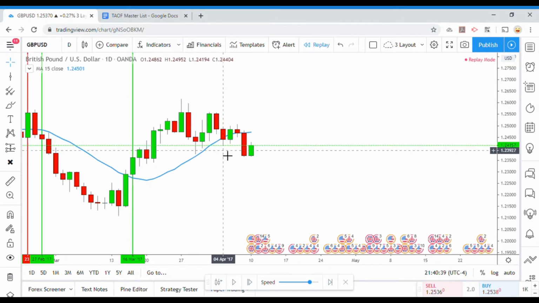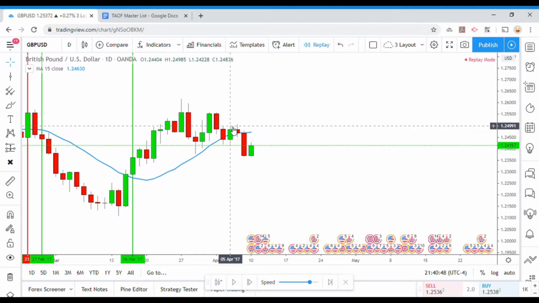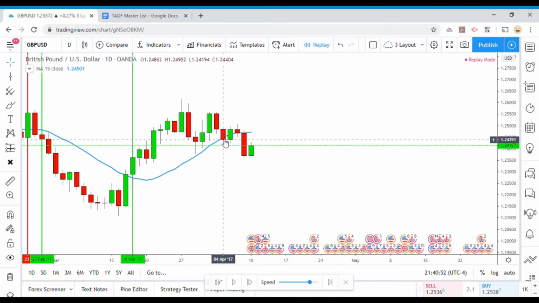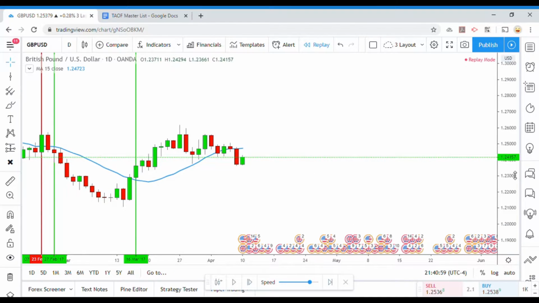I almost never count candles like this where they close on the line. I want it to be a clean close below or above. I don't like this one right here was clearly closed above.